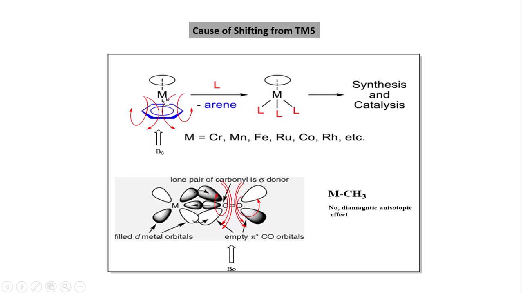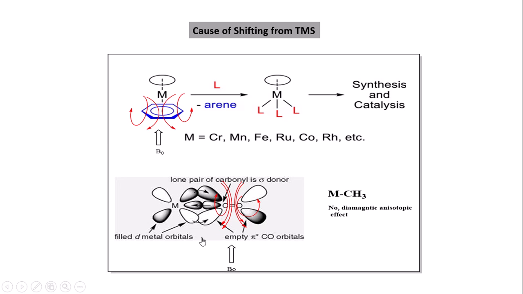In the case of the diamagnetic anisotropic effect, if we apply B0, the induced magnetic effect opposes the applied magnetic field, and hence the peripheral carbons of the aromatic ring fall in the paramagnetic zone, and hence we get different chemical shift values for different carbon atoms.